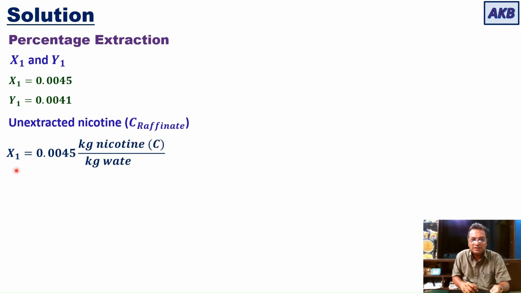For that, I will be using the value of x1. So x1 is 0.0045 kg nicotine per kg of water. So if I have to get kg nicotine, I will have to multiply with kg of water, that is A. So if I do that, I will get kg of nicotine in the raffinate, which is unextracted nicotine.